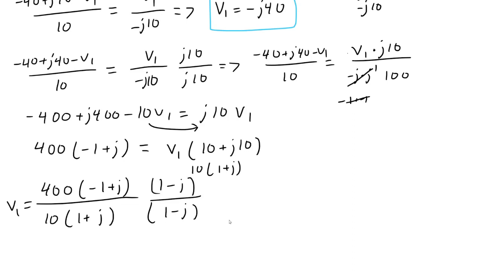So that is going to be 400 and then 1 on top. Let's see, minus 1 times 1.